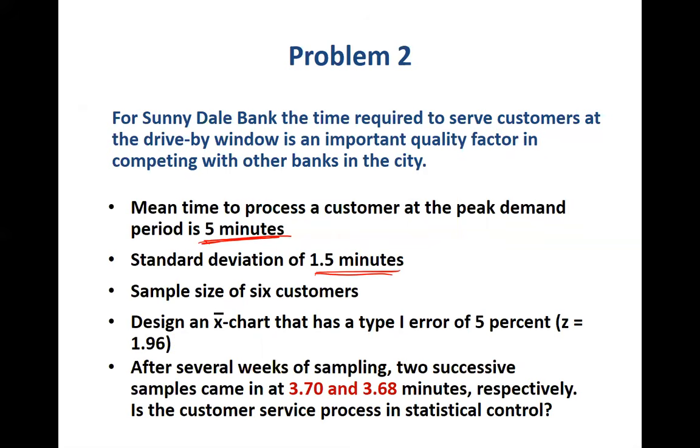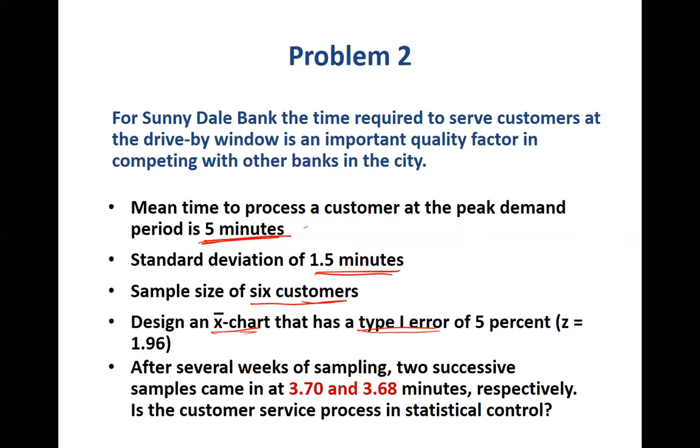So we have information about the average for the process. We also have the standard deviation for the process. The sample size is 6 customers. We are expected to design an XBar chart with a type 1 error, which is something we want to reduce.